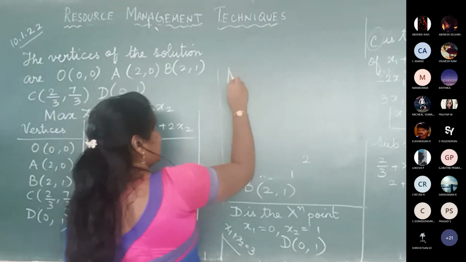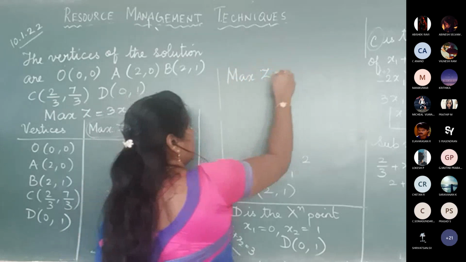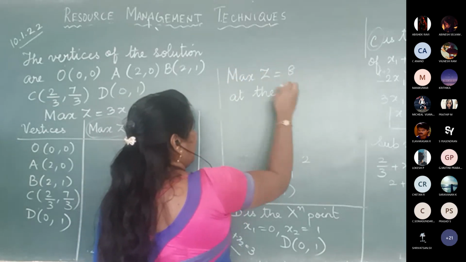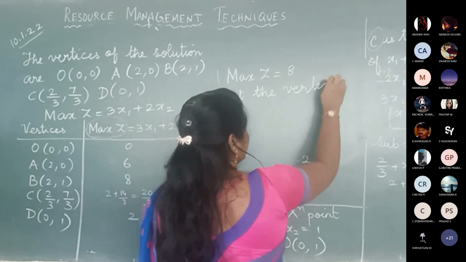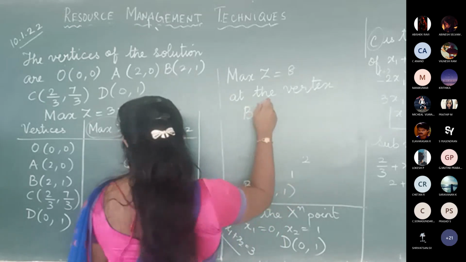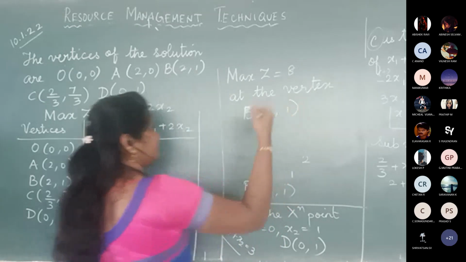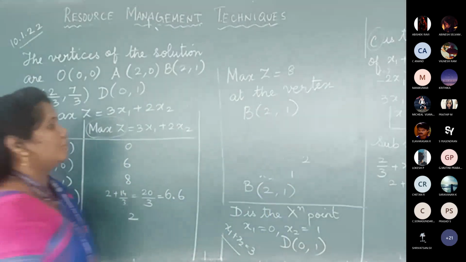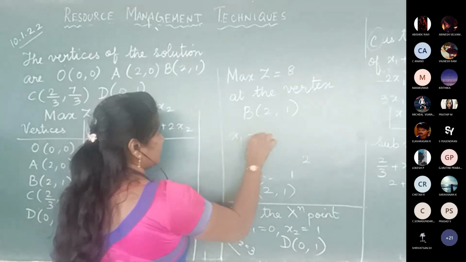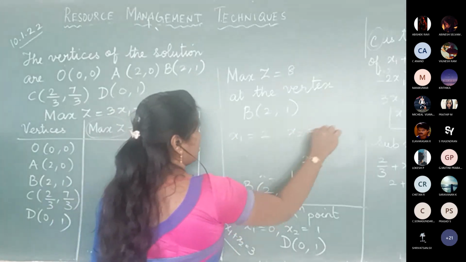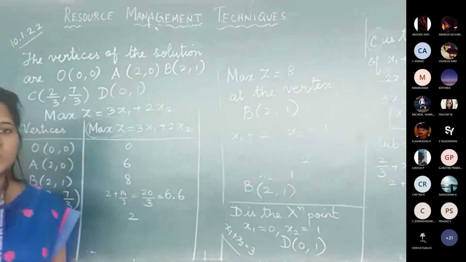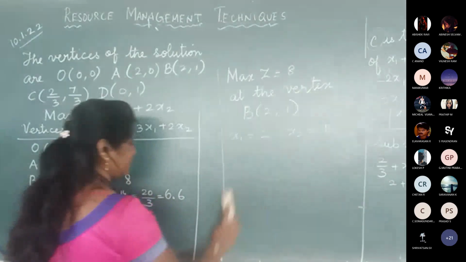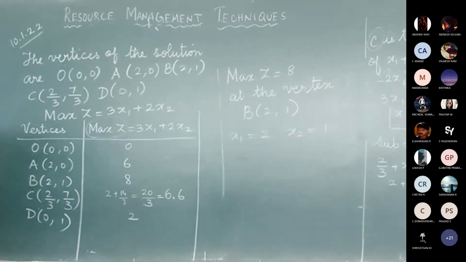In the question, if they ask you, x1 is equal to 2 and x2 is equal to 1, your max Z is equal to 8.